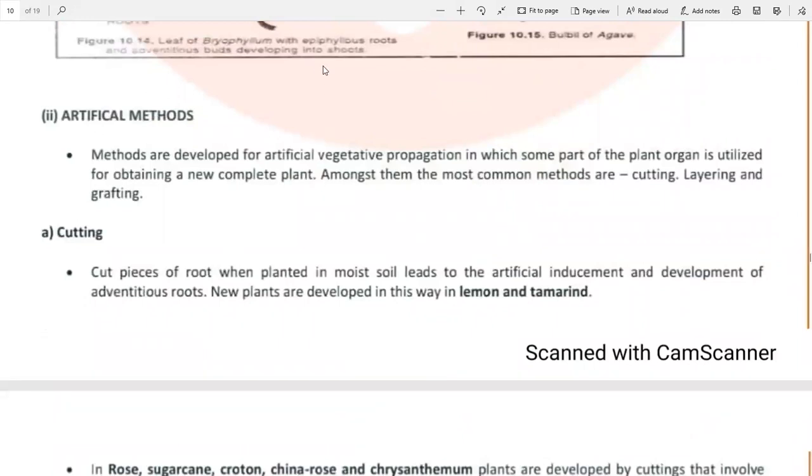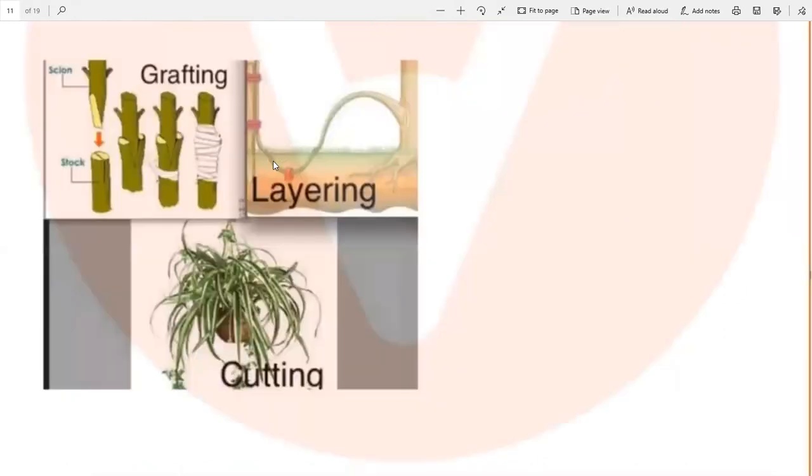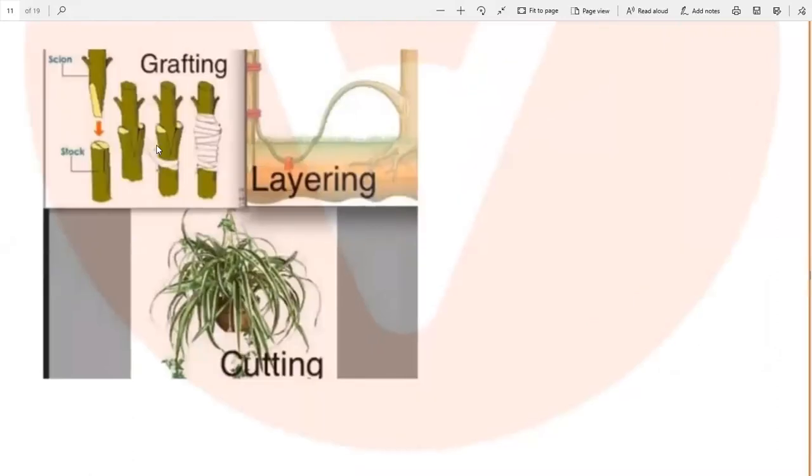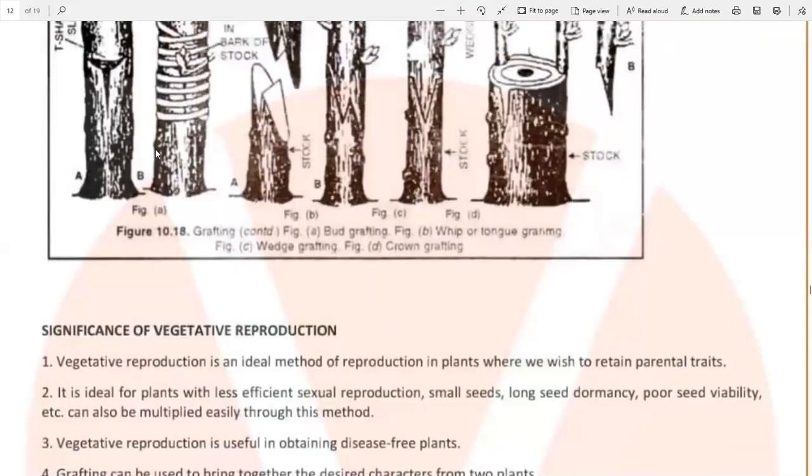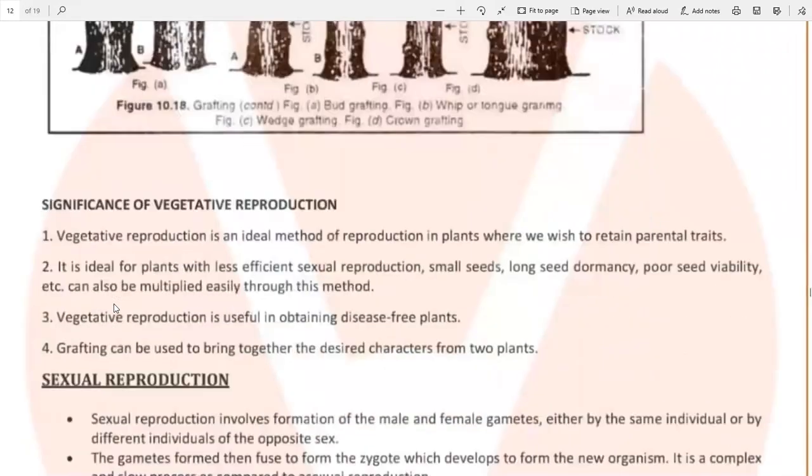In artificial vegetative propagation, some part of a plant organ is utilized for obtaining a new complete plant. Out of this, the most common are cutting, layering, and grafting. So we have to see these one by one. This is the diagram of cutting, layering, and grafting. And the significance of vegetative propagation is shown.